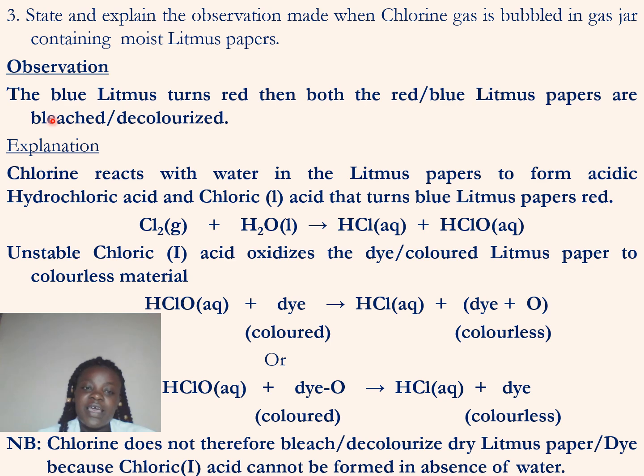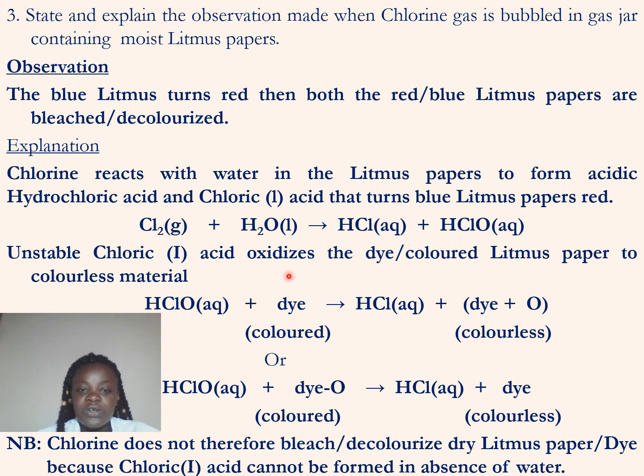Then after some time, they will be decolorized, or they will bleach. Explanation: we say chlorine reacts with water, that is the water that is in the moist litmus papers, to form hydrochloric acid and hypochlorous acid that turns blue litmus to red.